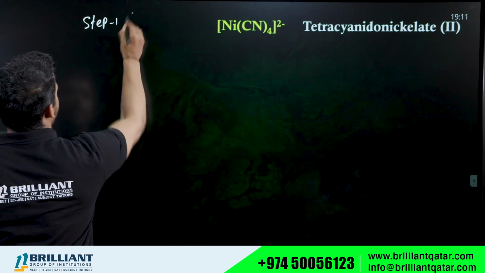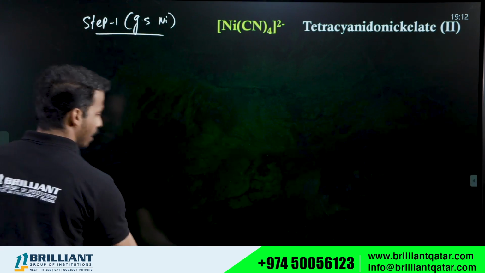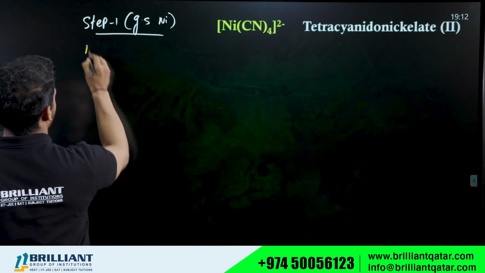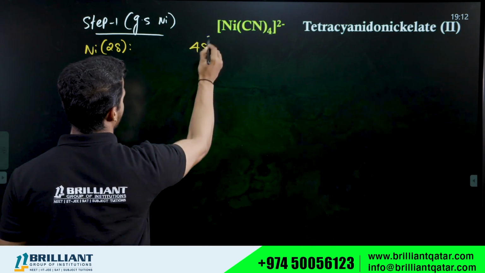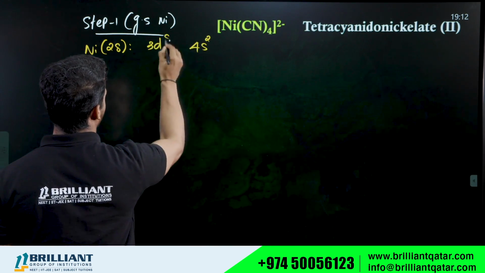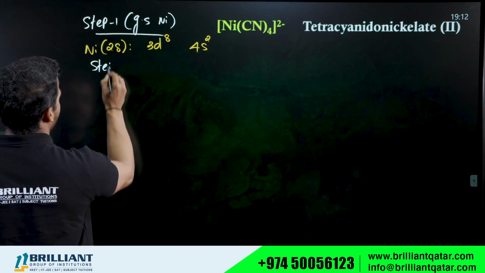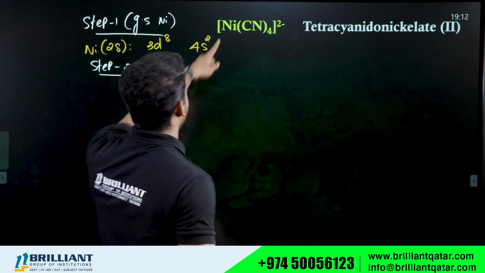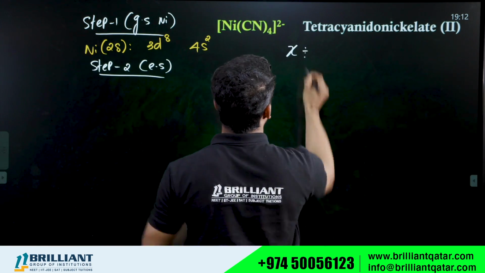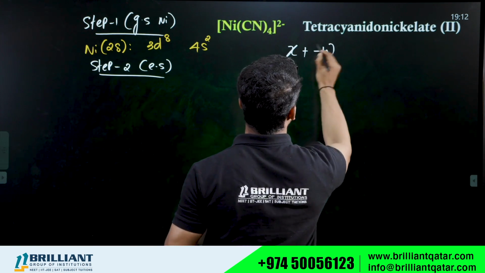Step number 1, write the ground state of the metal atom nickel. Nickel atomic number is 28. So the configuration we can write as 4s2 3d8. Step number 2, let us write the excited state of the metal atom. Dear student, nickel oxidation state, we don't know, X. 1 cyanide charge is -1, so 4 cyanide charge is -4.